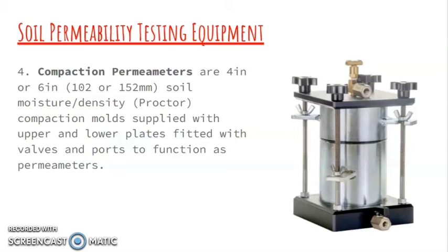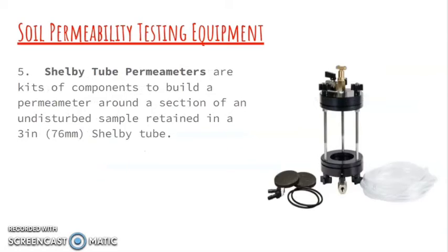The fourth equipment is the compaction permeameter. A 4 inch or 6 inch soil moisture density compaction mold is supplied with upper and lower plates fitted with valves and ports to function as permeameters. Next, we have the Shelby tube permeameter. It is a kit of components to bolt a permeameter around a section of an undisturbed sample retained in a 3 inch Shelby tube.